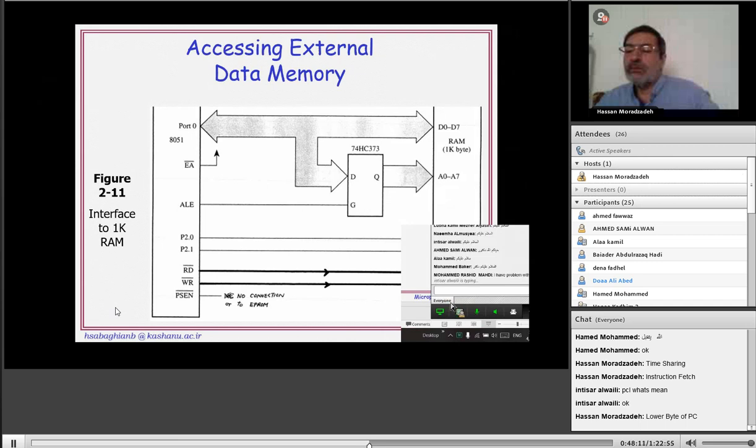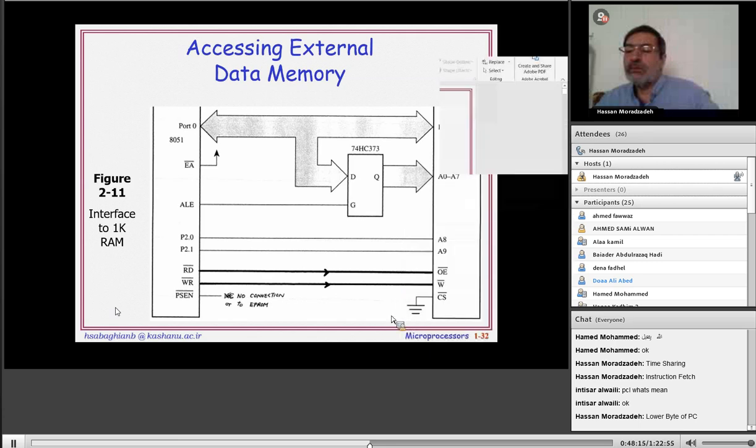What is this pin? This pin is chip select. Chip select bar is connected to ground for activating this chip.